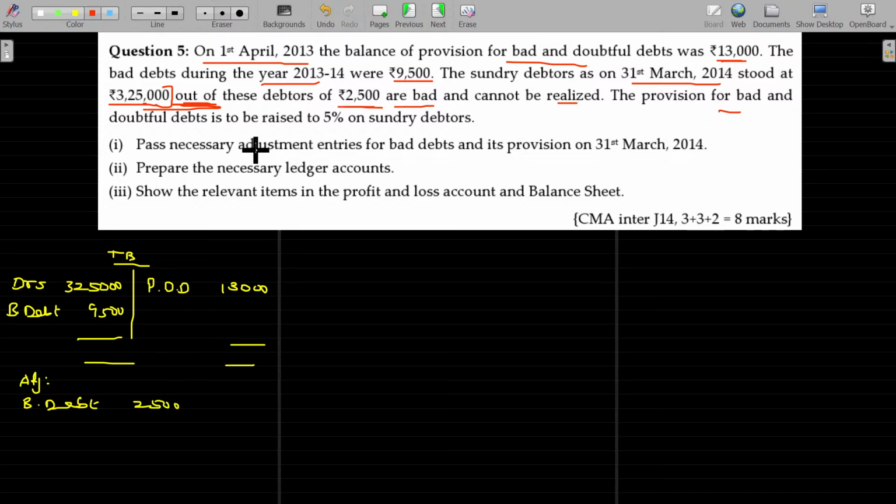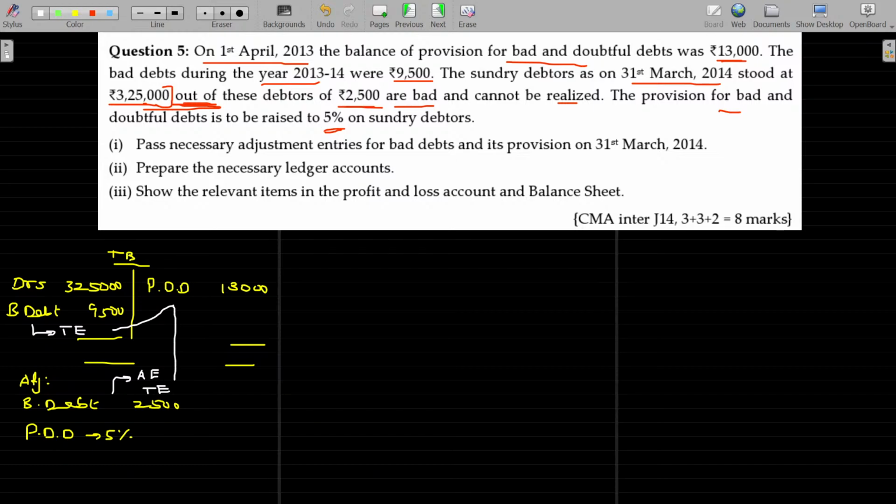The provision for bad and doubtful debt is to be raised to 5% on sundry debtors. So PDD to be raised here being 5% on sundry debtors. What we have to do? For the bad debt, we have to pass a transfer entry. For the bad debt given in the adjustment, we have to pass the adjustment entry and then the transfer entry.